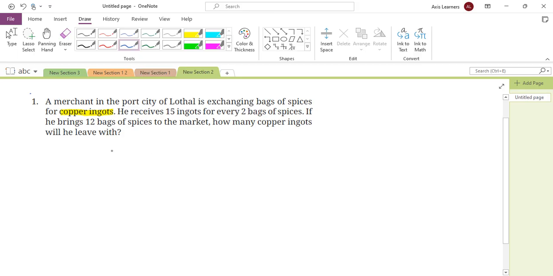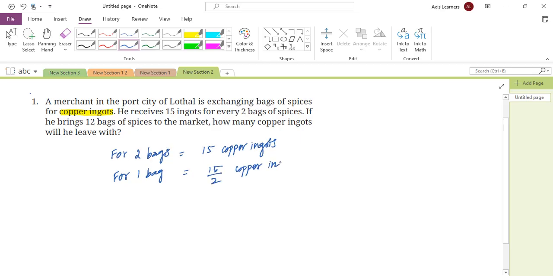Let me write it. For 2 bags he receives 15 copper ingots. So 2 bags equal 15 copper ingots. How much for 1 bag? 1 bag is equal to 15 divided by 2 copper ingots.